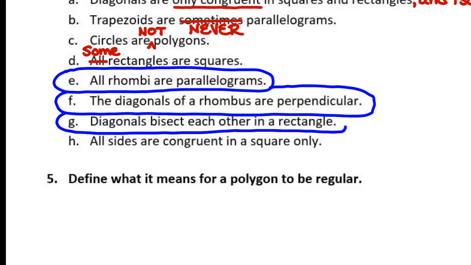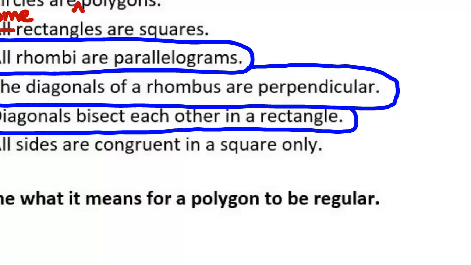That is true. Diagonals also bisect each other in a rhombus and in a parallelogram. All sides are congruent in a square only. All sides are congruent in a square and a rhombus.